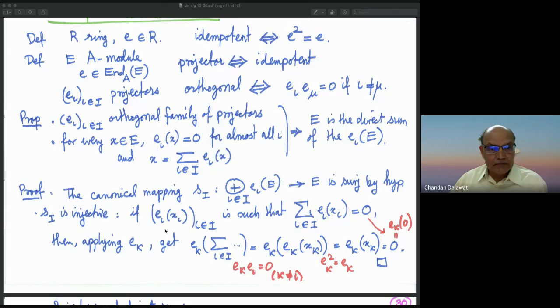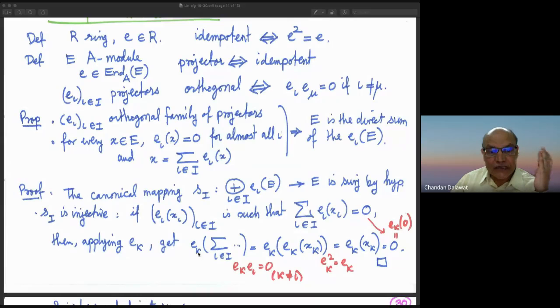So you take something which is in the kernel. Take some element here. It's going to look like E iota of X iota for iota in I, such that the sum is equal to 0. Now choose some kappa in I and apply E kappa to both sides of this equation.